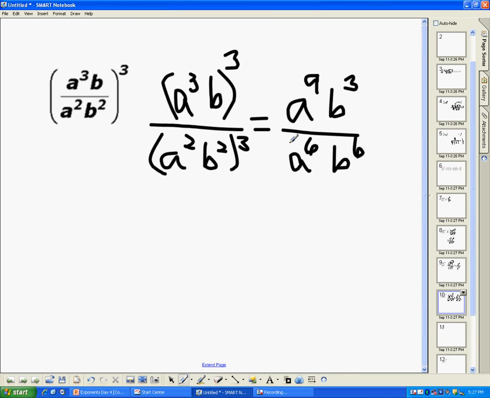Now what I hope you realize here is that this can be simplified some more. A to the power of 9 over a to the power of 6 simplifies to a to the power of 3, and b to the power of 3 over b to the power of 6 simplifies to b to the power of 3. Okay?